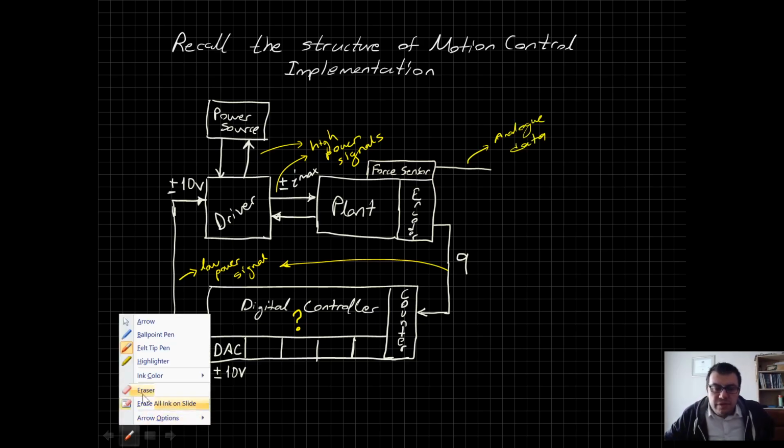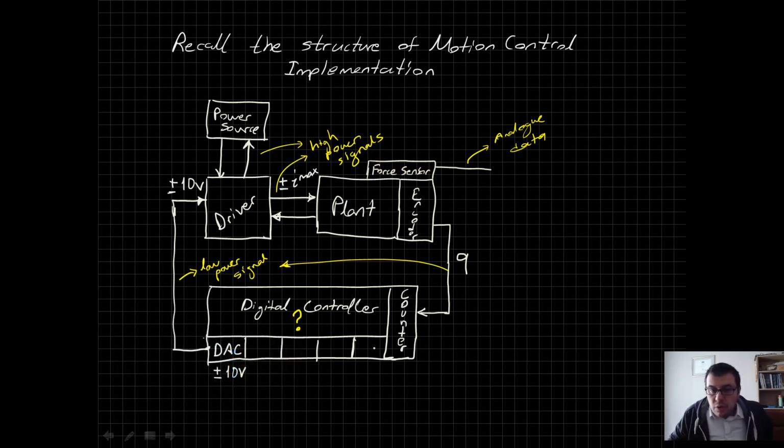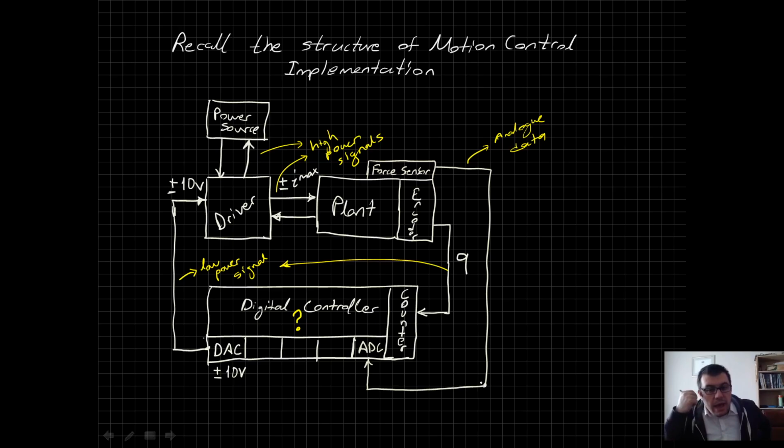In order to receive this data in your application, in your code, you have to take it from the analog to digital converter channel of your controller, because your original signal is an analog signal. Let's say it's between plus and minus 5 volts, and you should be able to convert this plus and minus 5 volts to some numerical value so that you can run it in your digital controller side. So that is what happens in reality.